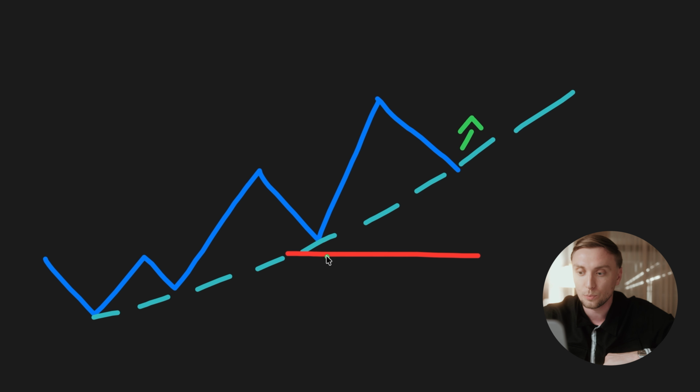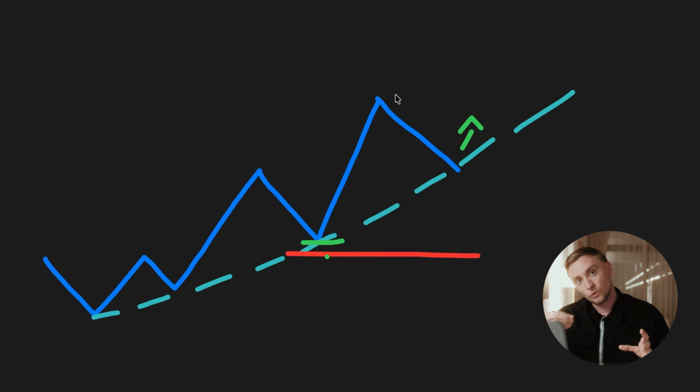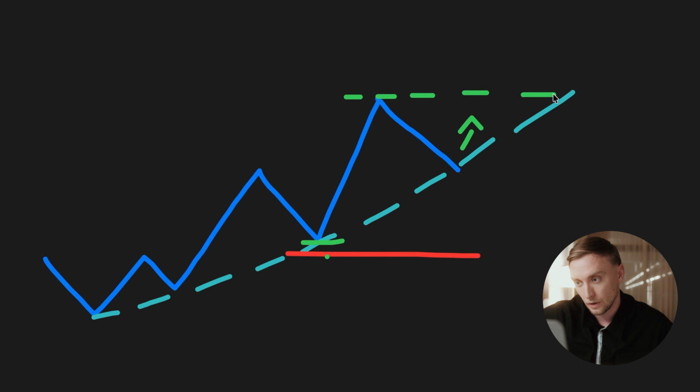Stop loss we put under the lowest point of our previous correction. If this correction was very deep, we can put our take profit at the highest point of our trend, waiting for the break. If the correction is really small, we can put take profit 1-to-1 to our stop loss.